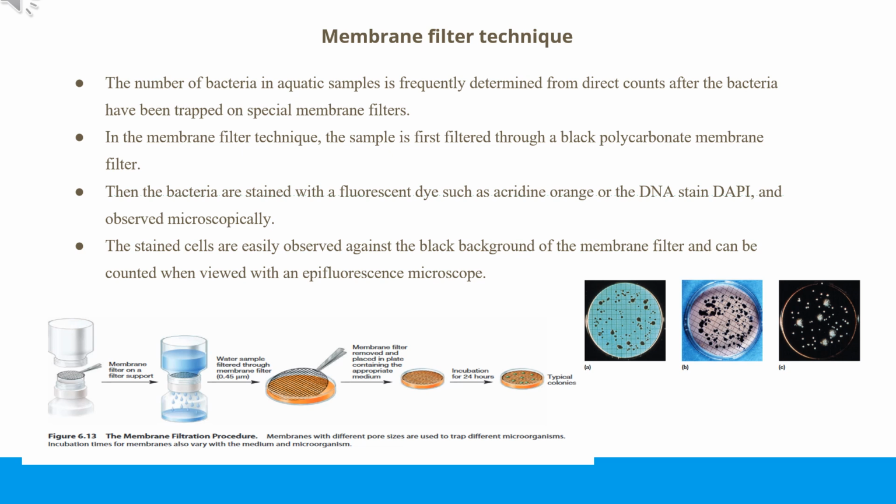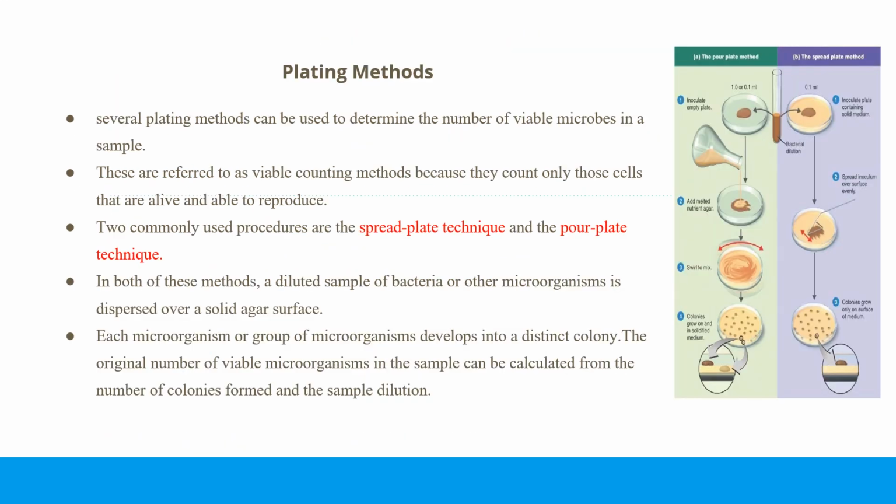Then the bacteria are stained with fluorescent dyes such as acridine orange or the DNA stain DAPI and observed microscopically. The stained cells are easily observed against the black background of the membrane filter and can be counted when viewed with an epifluorescent microscope.